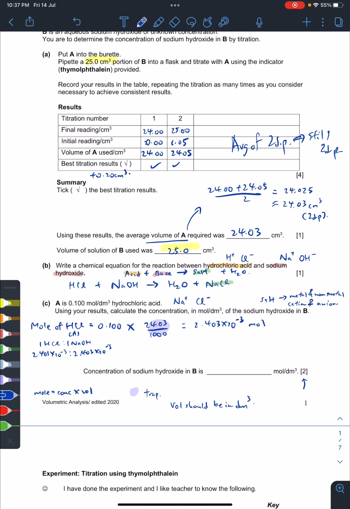Just read. What you have is the mole. They want concentration. So that means concentration is mole over volume. So the concentration of your NaOH is the mole divided by the volume, which is 25 over 1000.